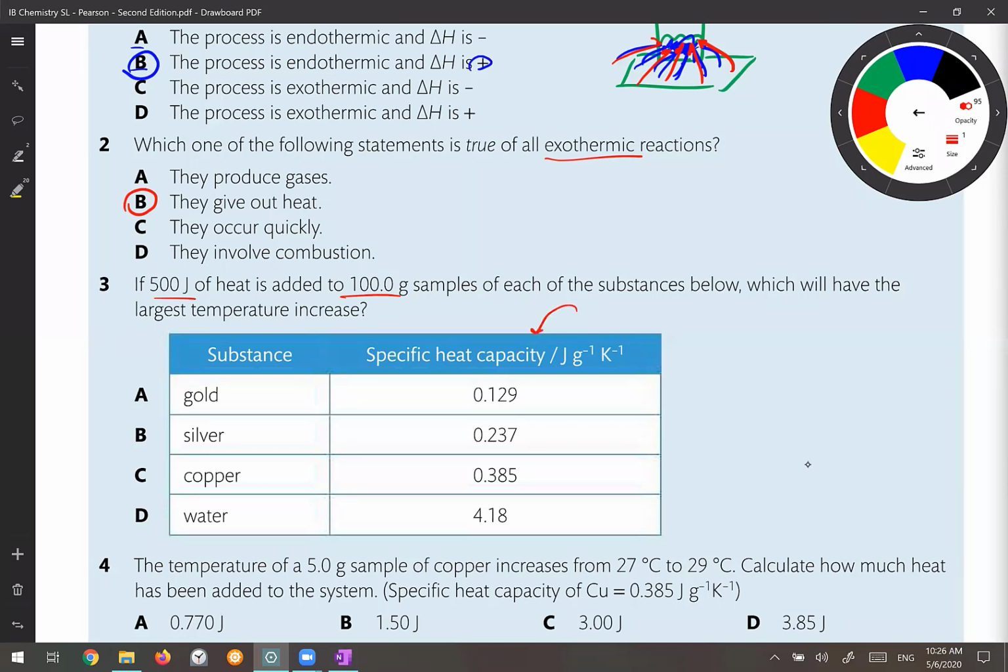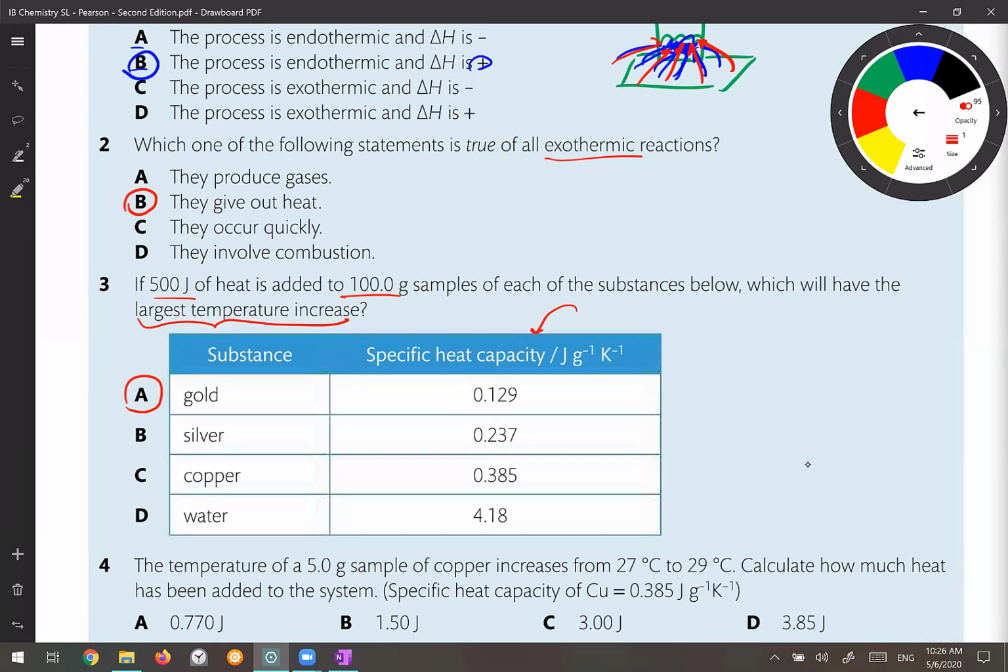So which one shows the largest increase in temperature? A. Yeah, we said if the specific heat capacity is small, it means by giving a small amount of heat, its temperature increases a lot. So smaller specific heat capacity means it will have more temperature change. So the answer is A.